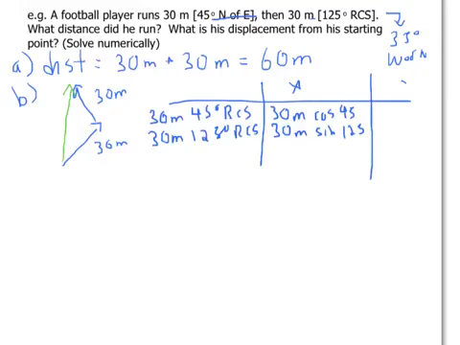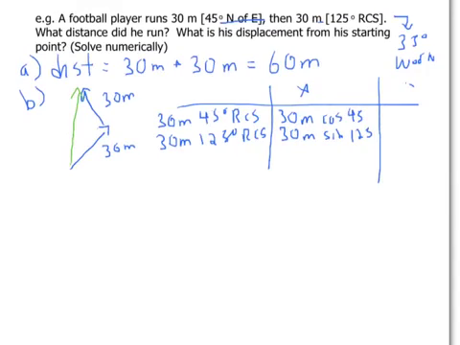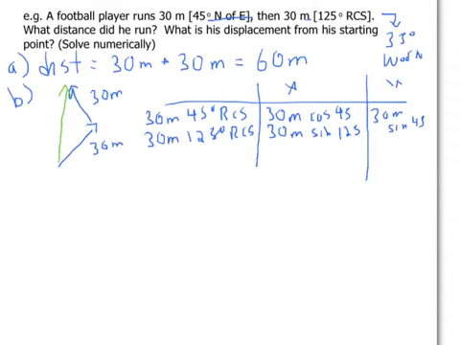And the y value is merely 30 meters sine 45 and 30 meters sine of 125. So we've broken both vectors into their components. Let's add the components together.